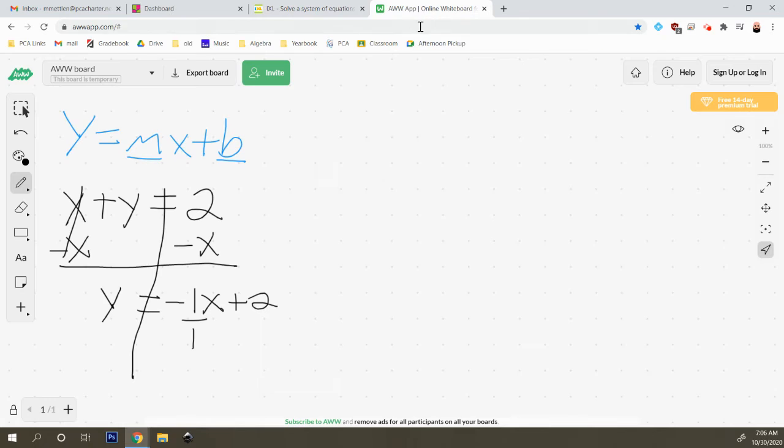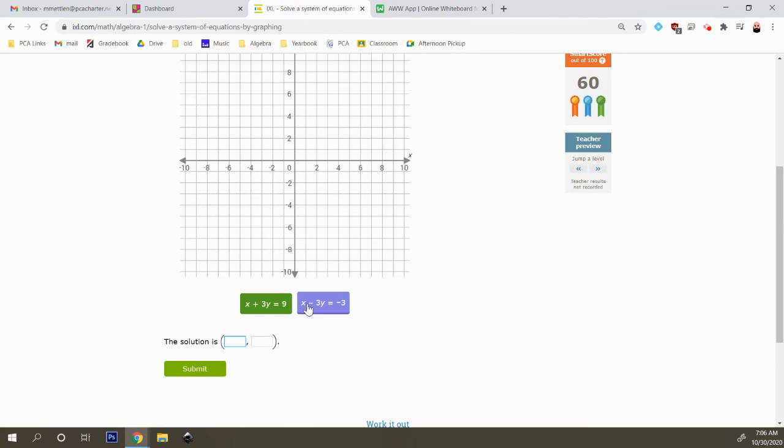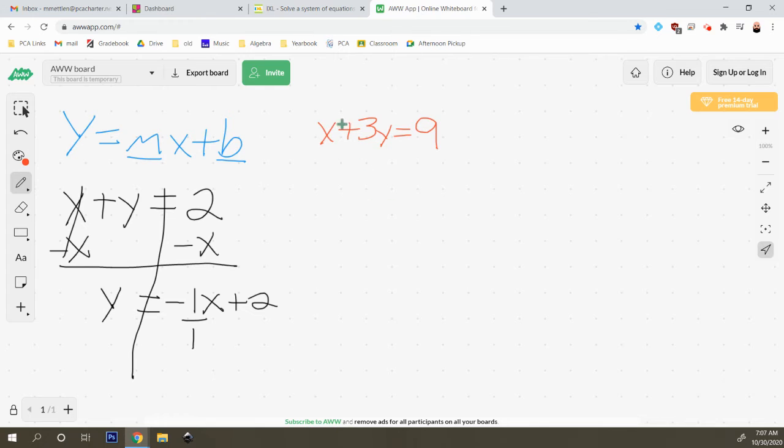So we got x plus 3y equals 9. Check. Yep. Okay, so we want it in this order. It's not. So we're going to do the same thing we did with this one. We're going to start by moving the x over here.